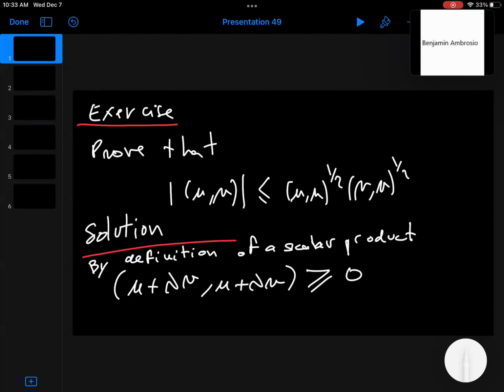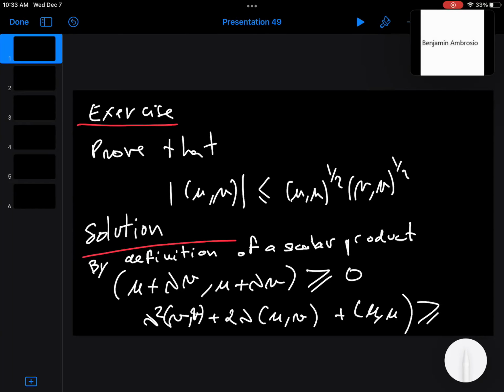So okay, but since this is non-negative, I can develop with respect to lambda, so I obtain lambda square V. Thanks to the linearity and to the symmetry, I will obtain 2 lambda UV, and finally plus VV, plus U. This is non-negative.